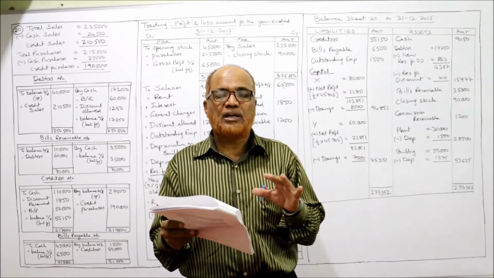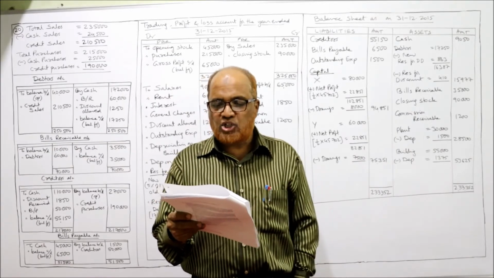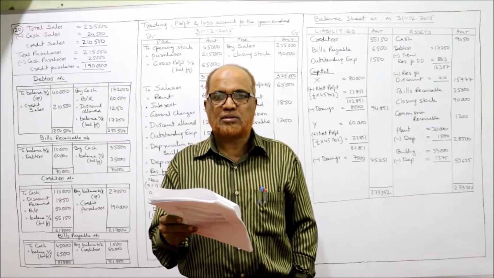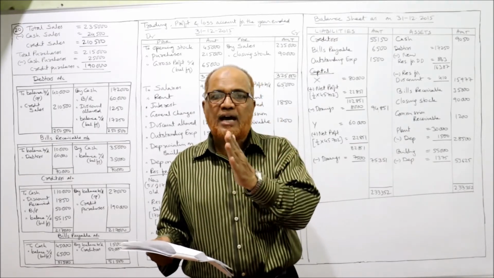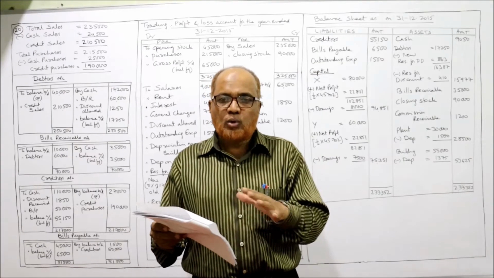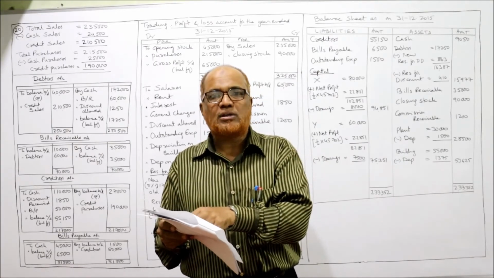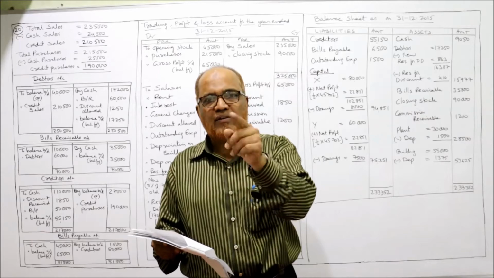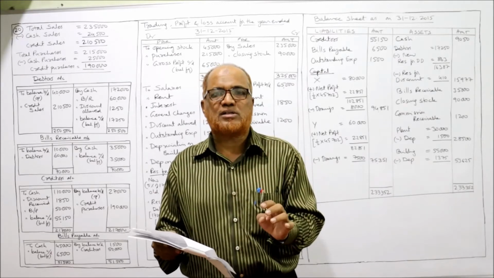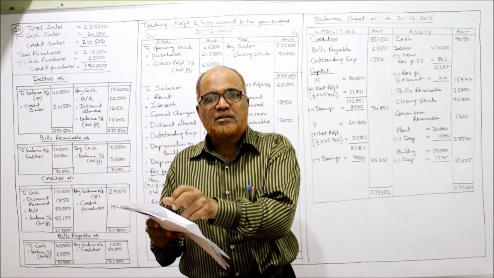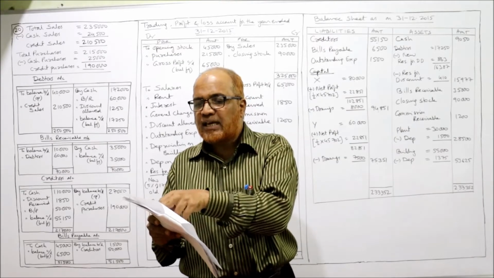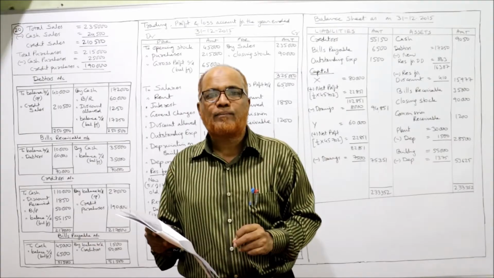Now the additional information given. Total purchases are 2,15,000. See here, purchases are of two types: cash purchase and credit purchase. The total purchase is 2,15,000. In this 2,15,000 we have cash purchase as well as credit purchase. The cash purchase is given in the problem. On the payment side of the cash book you can see cash purchases 25,000.